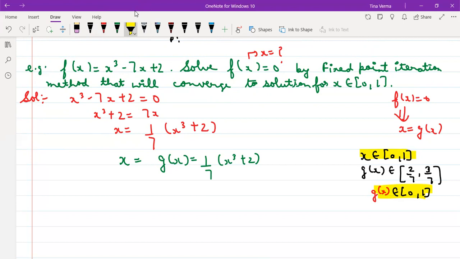In the interval 0 to 1, the value of g(x) will lie in between. I have told you, it is difficult to check this otherwise. If g dash x were greater than 1, then the method would not converge.